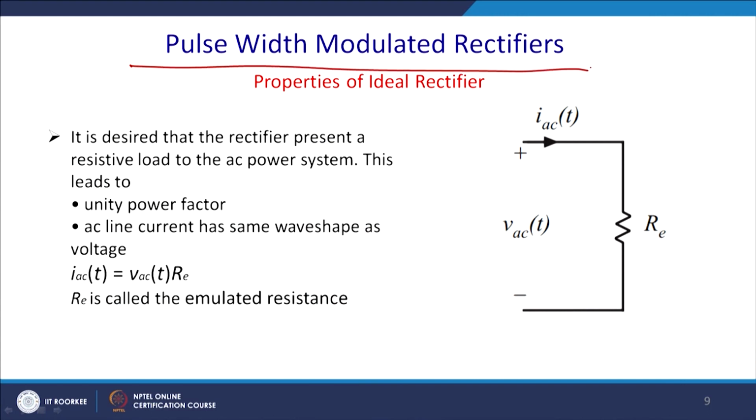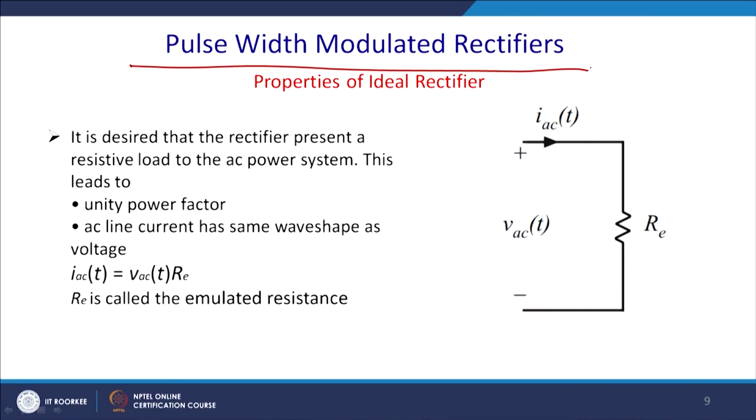In that case also we require an entity which improves the power quality issues, and it is not feasible to put a zigzag transformer in household applications. For this reason a new topic has popped up in power electronics, and that is the pulse width modulated rectifier.